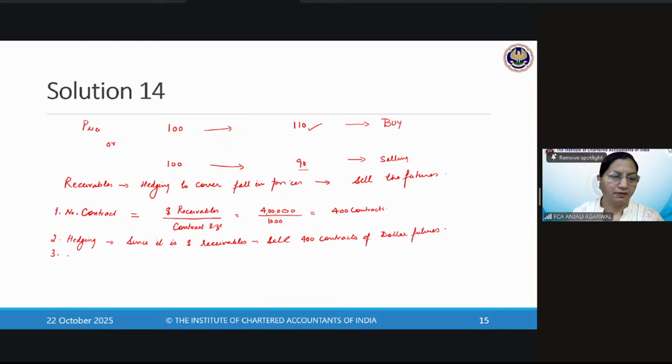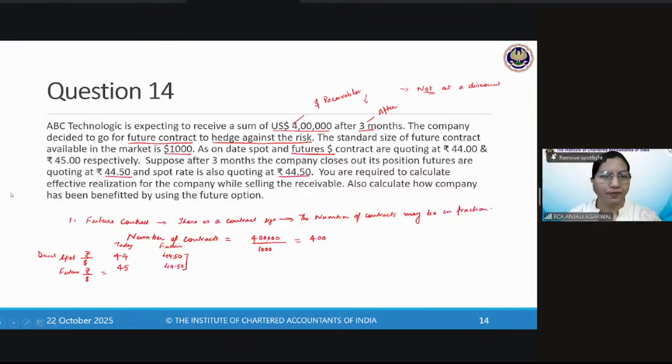Third, gain or loss on futures. Something which you have sold for 45 is now available in the market for 44.50.